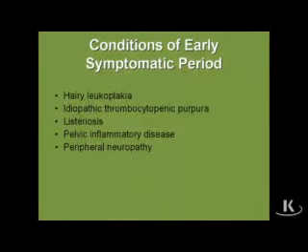Some of the other things that you can see, again, in the symptomatic stage, your hairy oral leukoplakia, which we said was from EBV, idiopathic thrombocytopenic purpura, listeriosis, PID, are some of the other what we call indicator diseases, indicator symptoms that you're going to see with HIV. And also what's very common to get is peripheral neuropathy from the HIV infection.